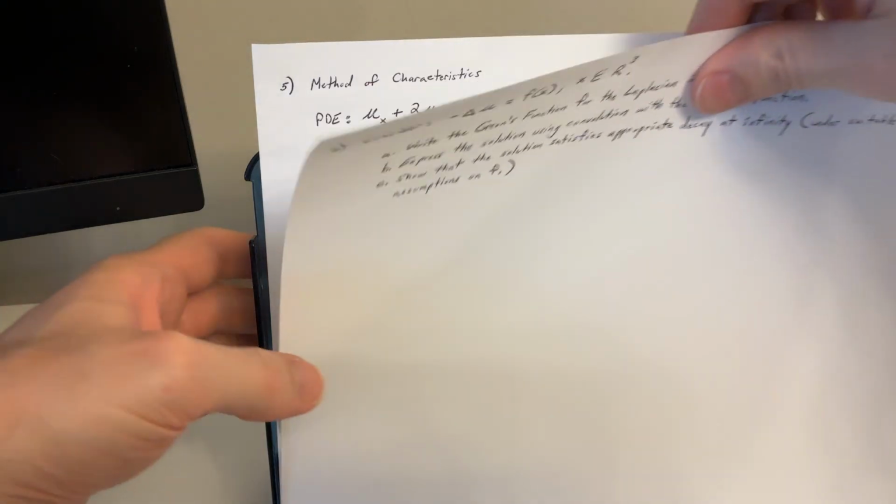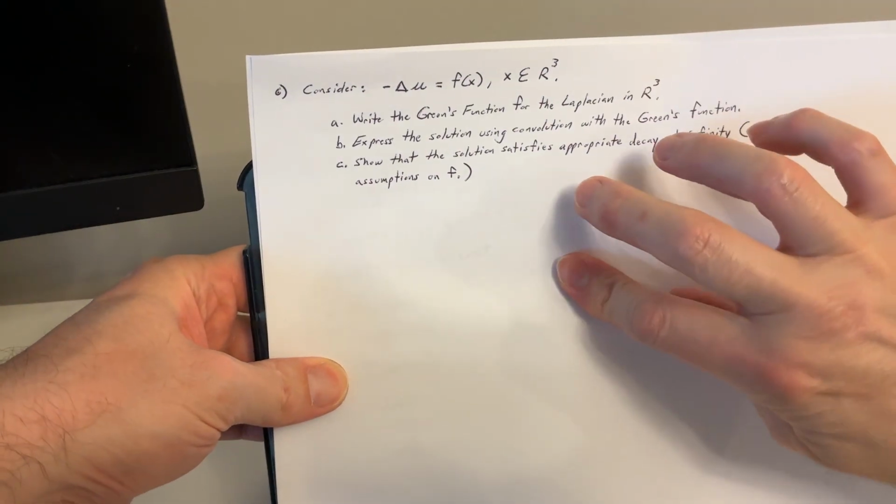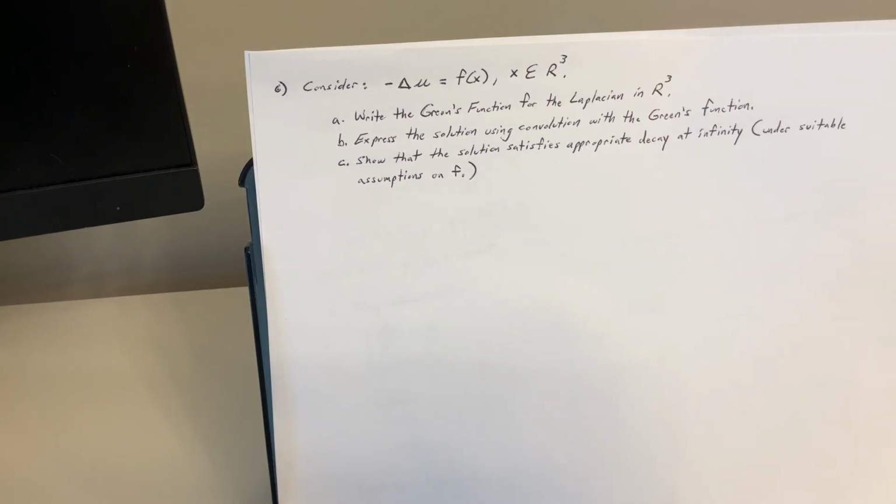Okay, moving along, number 6. If you want to get this down, try number 6 first. That's up to you. We consider negative Laplacian of u equals f of x, where x is in R3, so we have 3D.